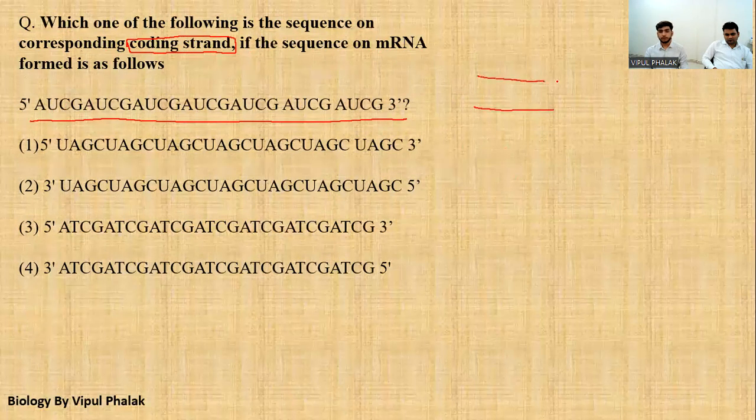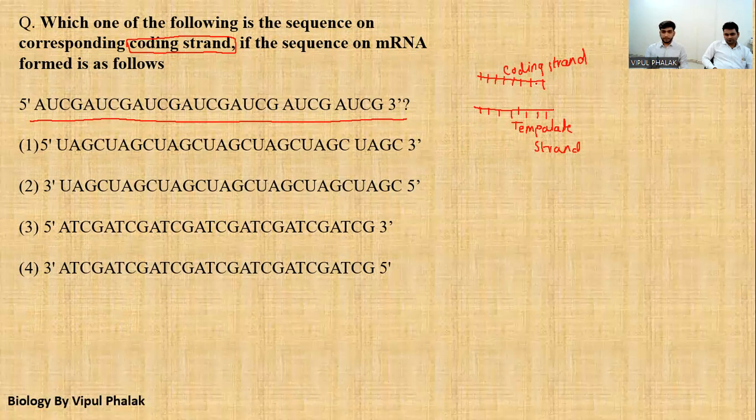So here is template strand, and this is coding strand. mRNA is synthesized according to the base present on template strand. So mRNA contains bases complementary to that of the template strand, and coding strand contains complementary bases to that of template strand.